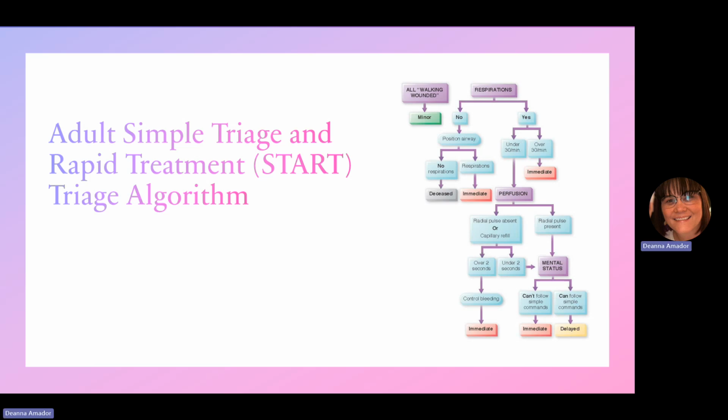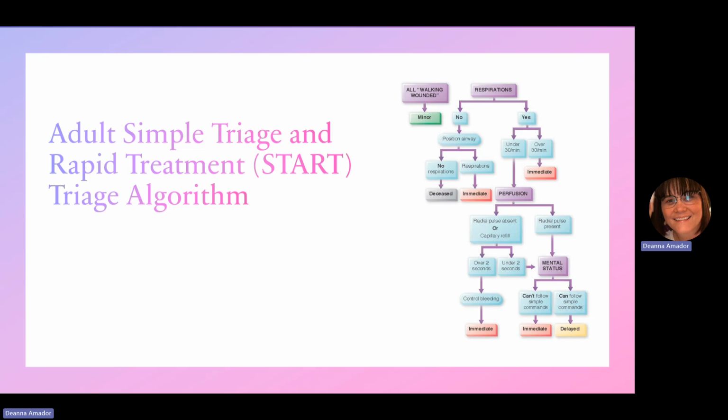I said that if there are no respirations, they will reposition the airway. If that repositioning initiates respirations, then those patients are tagged red or immediate.